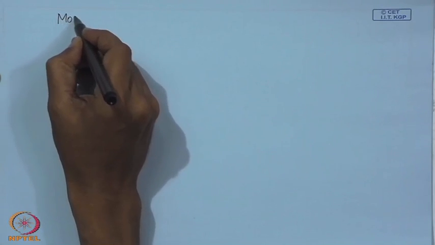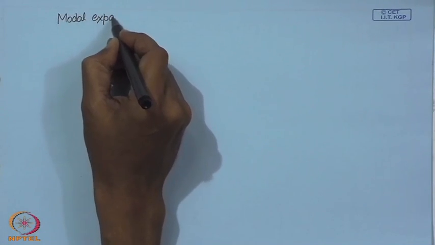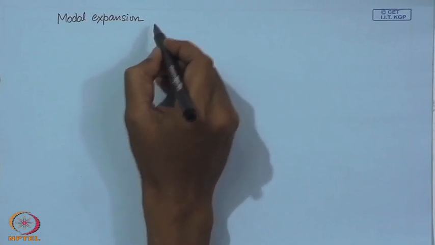Now, this Green's function can also be determined using the modal expansion technique that we discussed in the last lecture. So, let us briefly look at this method of solving the Green's function using modal expansion or the eigenfunction expansion method.